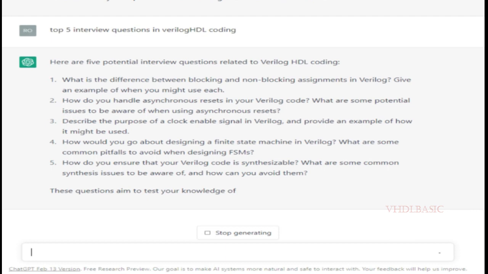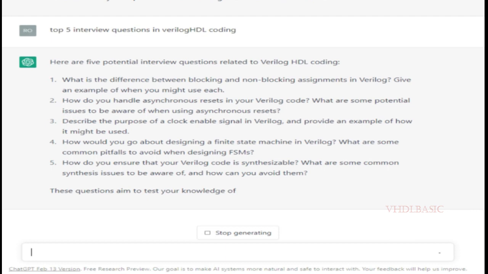To ensure that your Verilog code is synthesizable, it's important to follow certain guidelines and best practices that are specific to synthesis. Here are some tips for writing synthesizable Verilog code.